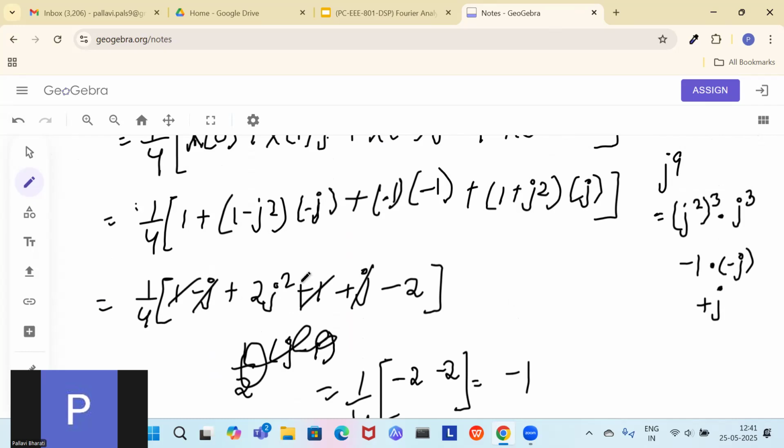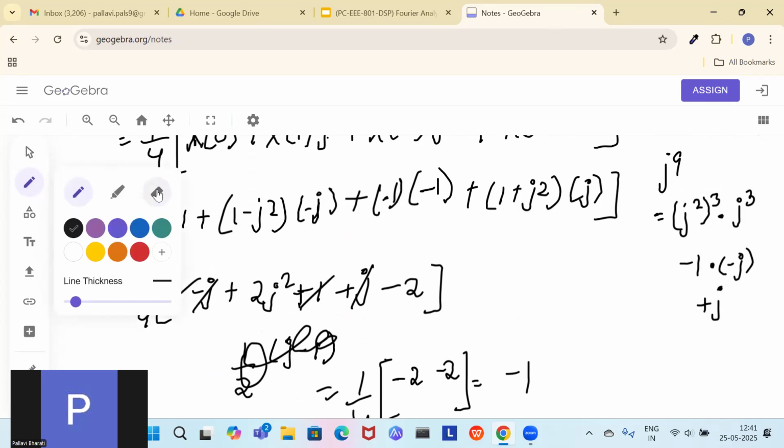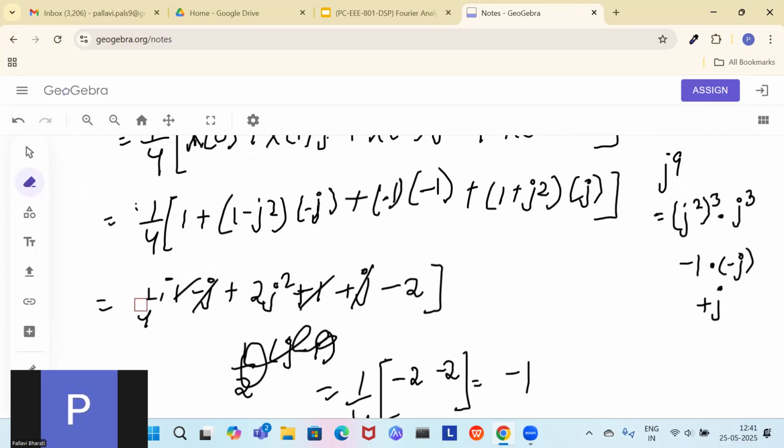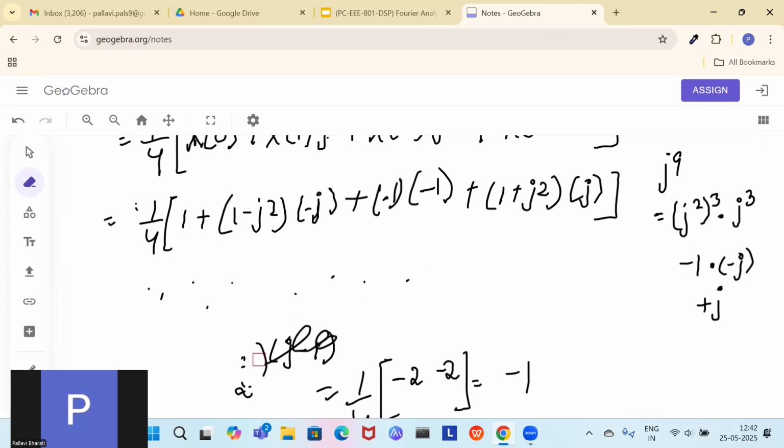This is becoming plus 1. Let us do it once more from this point. So be very careful while doing these questions because it is very calculative. Actually, you have to be concentrated, otherwise there can be silly mistakes.